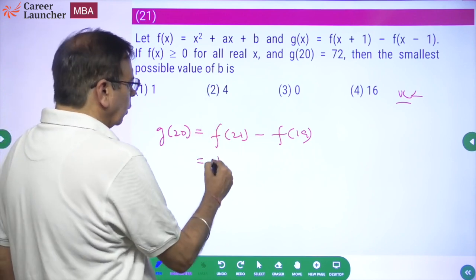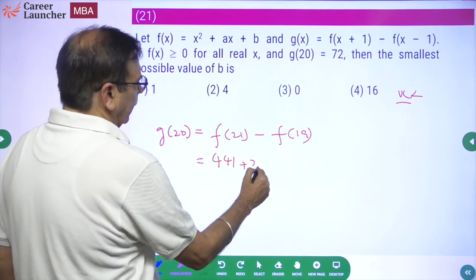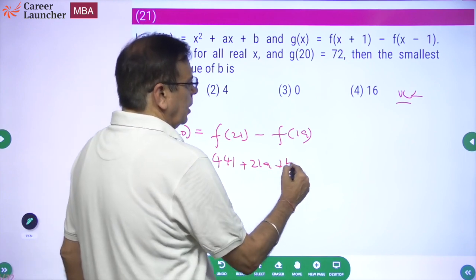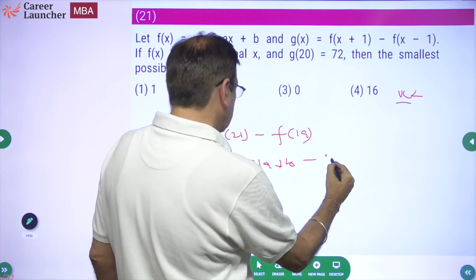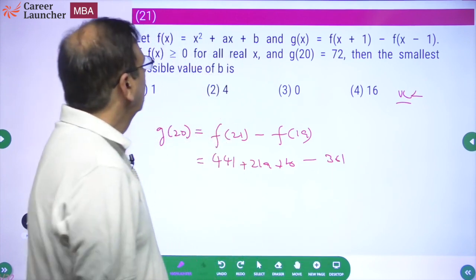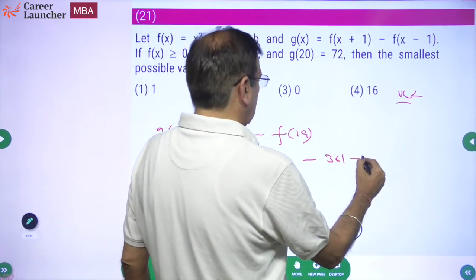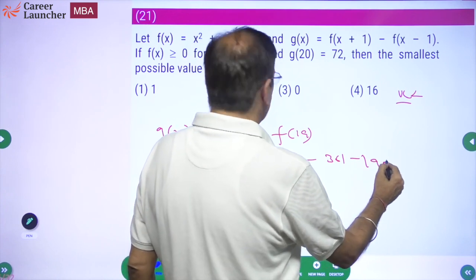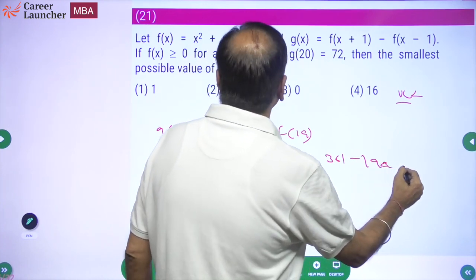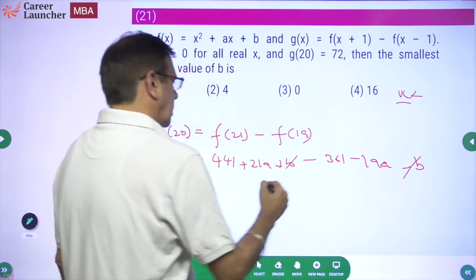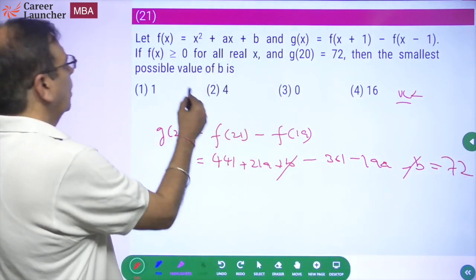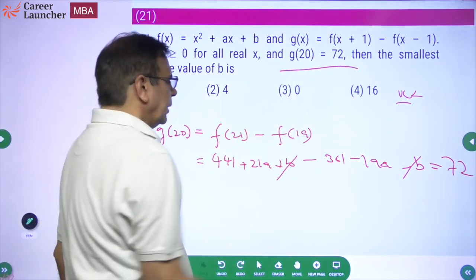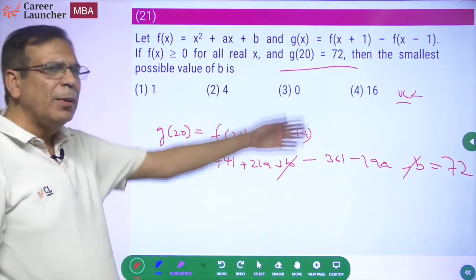Okay, so I'll quickly write down 441 plus 21a plus b. f19 is 19 square is 361, and minus 19a and minus b. Okay, this is equal to 72. We are given in the question g20 is 72. A निकल जाएगा, A निकल जाएगा, B भी निकल जाएगा.